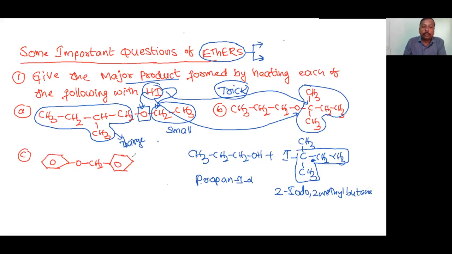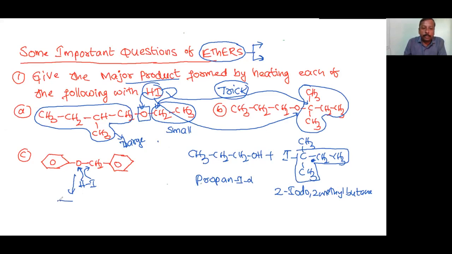Now the third answer is another exception. When a benzene ring is there, what product is a must? See, I am writing here H and I. Where iodine will go, where hydrogen will go, that is what you have to decide. Always remember phenol is a must. So hydrogen will go on the oxygen, iodine will go to the CH2.